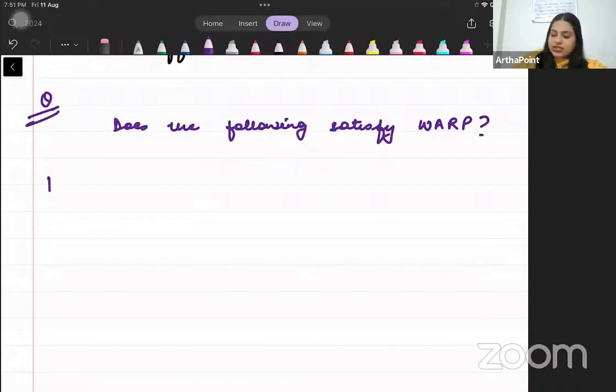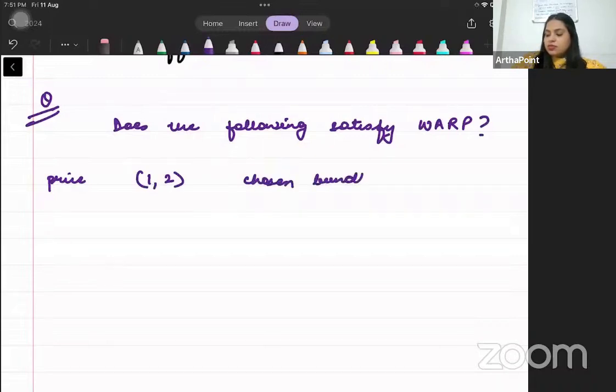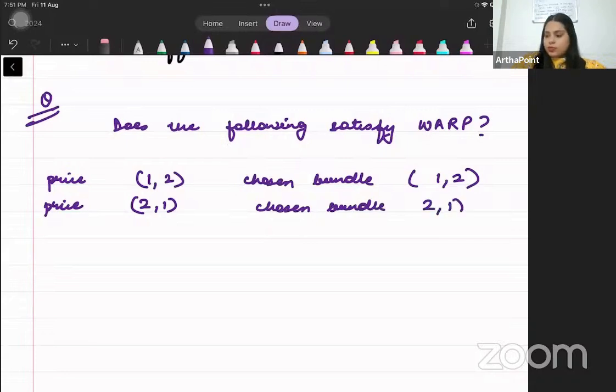So beta, price is 1, 2. And at this price, the chosen bundle is say 1, 2. Price is 2, 1. And at this, the chosen bundle is say 2, 1. Okay. Now we have to ask if WARP is satisfied or not.